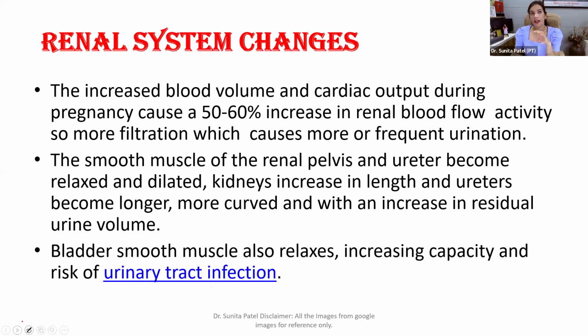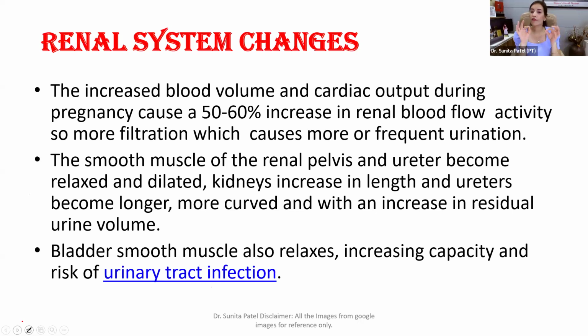Now we also understand that not only the respiratory changes are going on, the baby is developing, and the excretory system will also change here. Excretory system means a lot of liquid is going to come out as excretion. So the renal system activity will be high, and we call it renal systemic change.